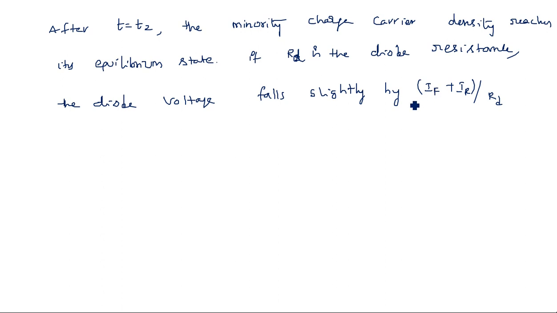So after t equal to T2, the minority charge carriers completely go to 0 and only the reverse saturation current flows. That I0 is flowing across the junction.